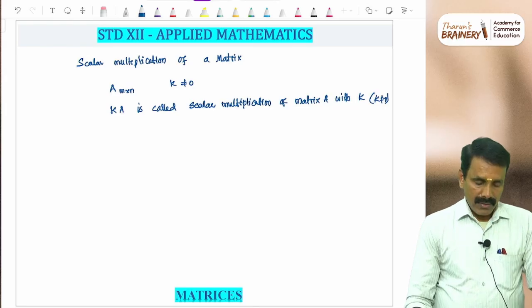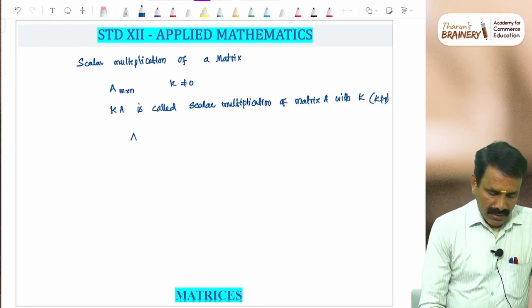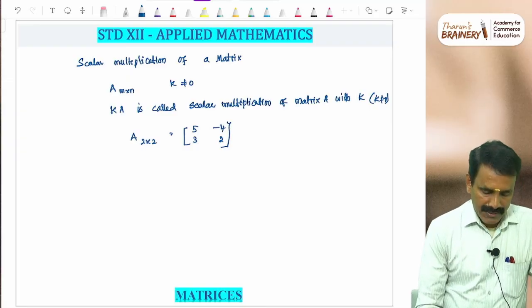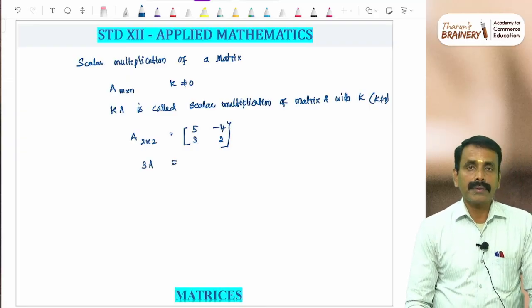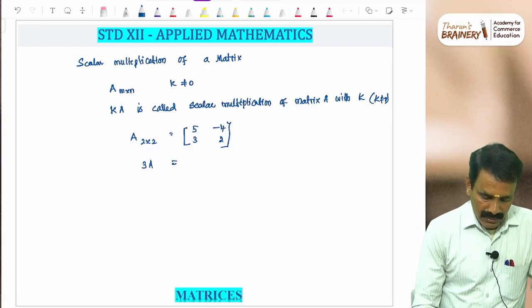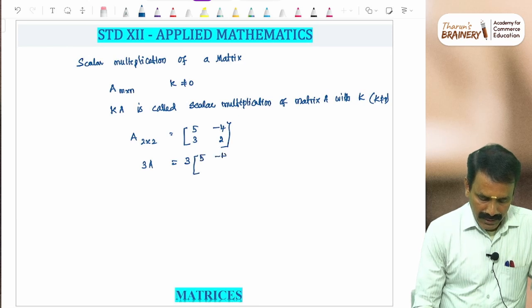Is it clear? Suppose I have a matrix of order 2 by 2, 5, minus 4, 3, 2. I want to find 3 times A, 3A. So I want to multiply matrix A with the non-zero number 3. So it is 3 into the matrix 5, minus 4, 3, 2.